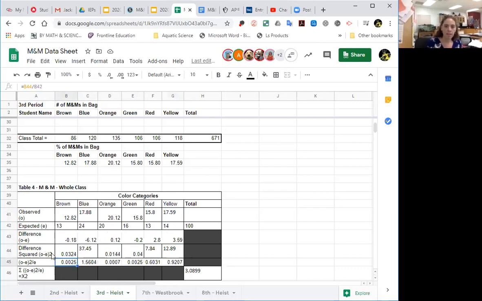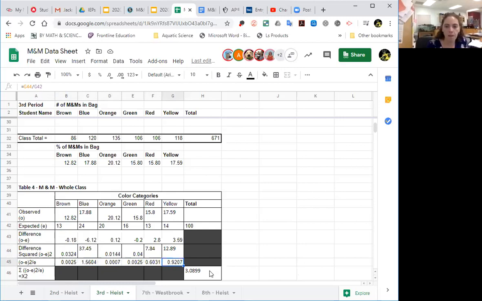Then I have to take this difference squared, so the 0.0324, and I divided that by my expected. So if we look up here at the formula chart, I have B44, which is this number here, divided by the expected, divided by 13. Gives me 0.0025. And I repeat it for all of my different categories.